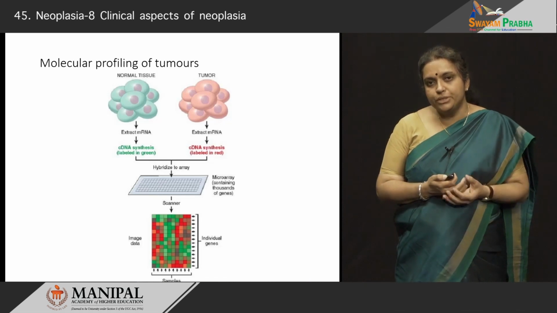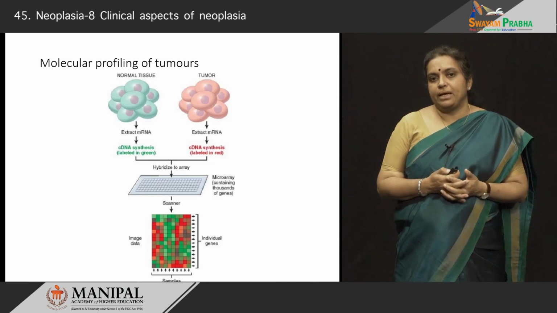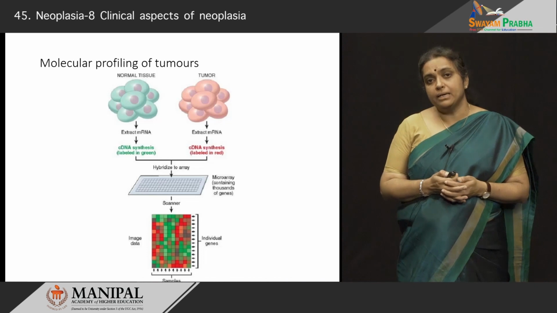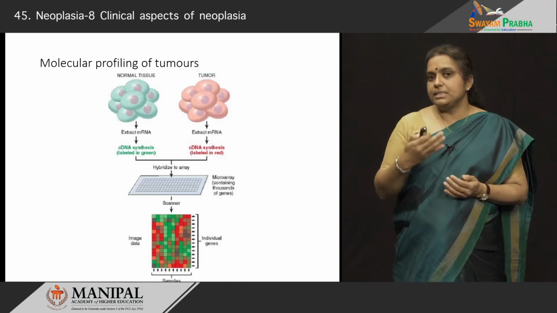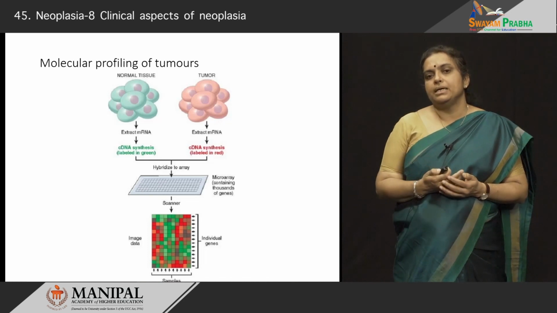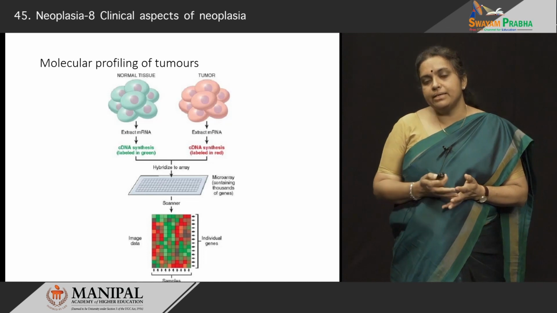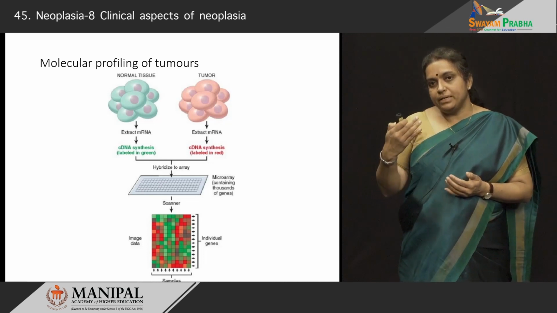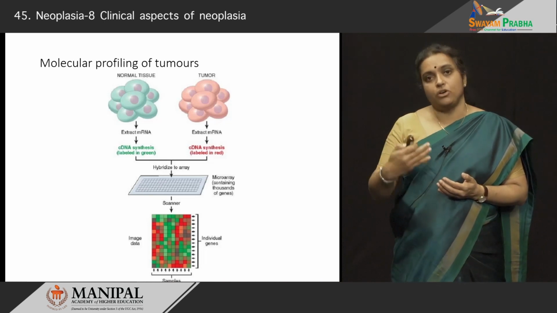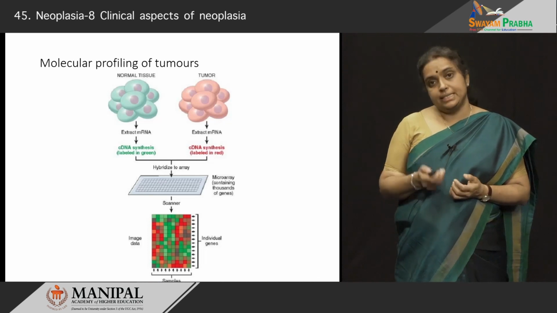You know, the analysis of almost the whole genome, what are known as omics, the genomics. Some tests are already available in the market, wherein you can analyze the entire genome or part of the genome of interest, and this is done using arrays, the DNA arrays, wherein you can at a time analyze a whole lot of genes, whether they are overexpressed or not, and you can create a molecular signature for the cancer.